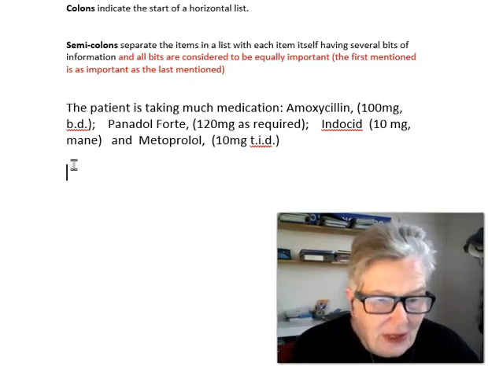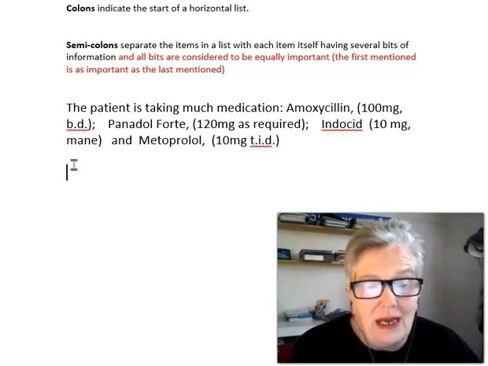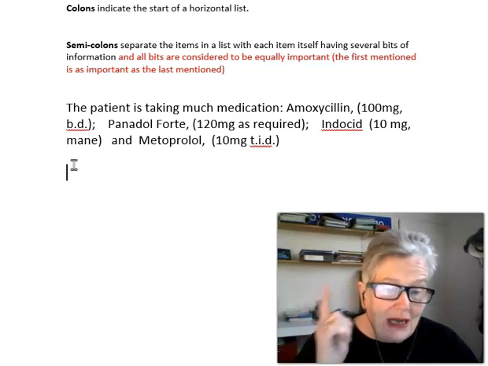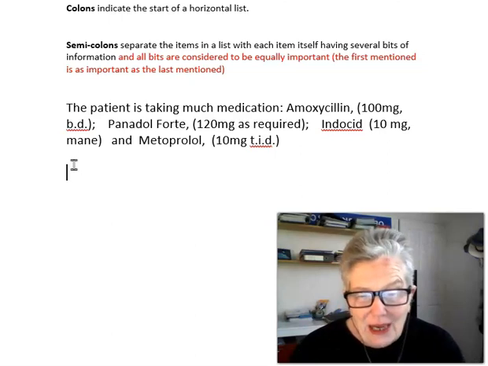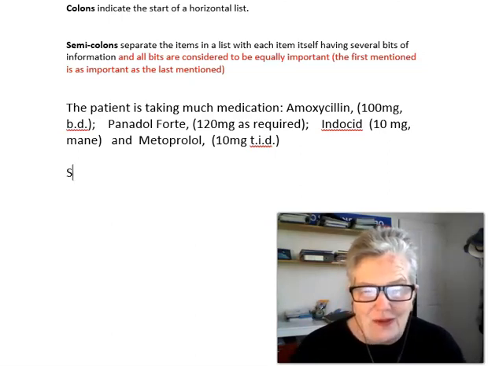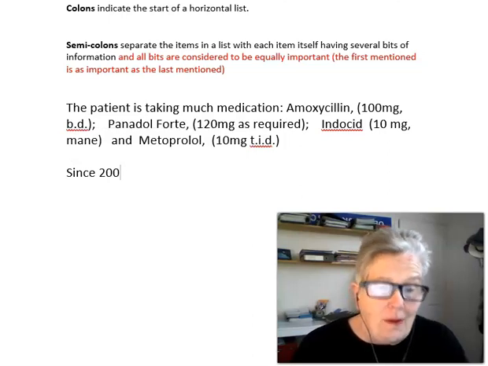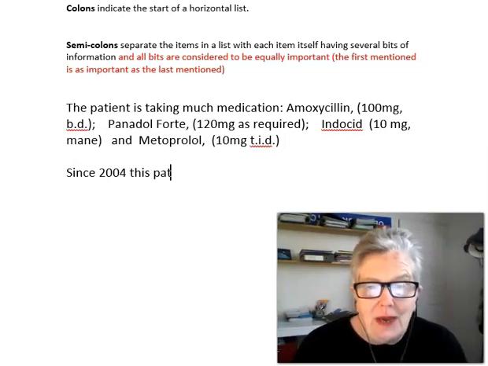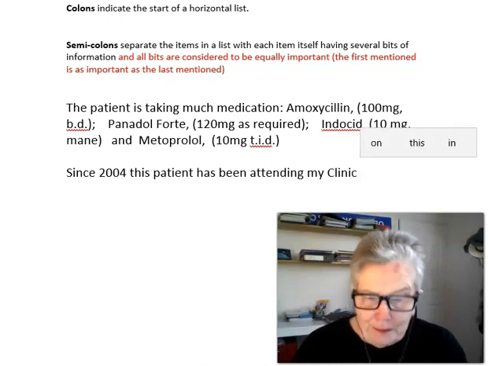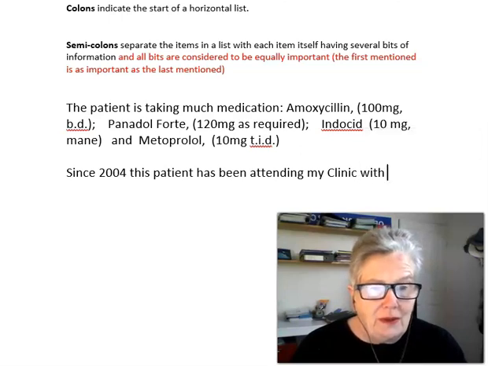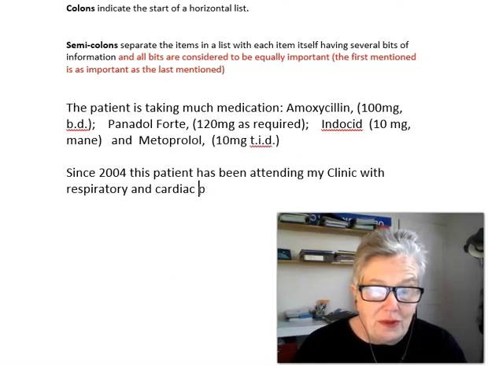So you do something like this, and you deploy your semicolons and colons. I'll show you. Start off with the word since, very useful. Since 2004, this patient has been attending my clinic with respiratory and cardiac problems.